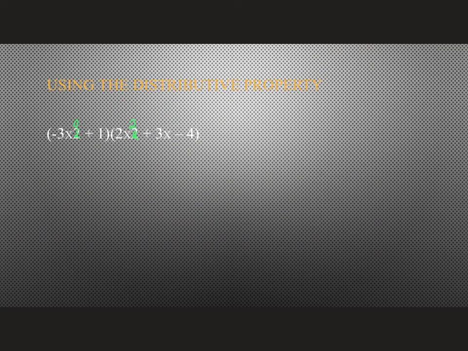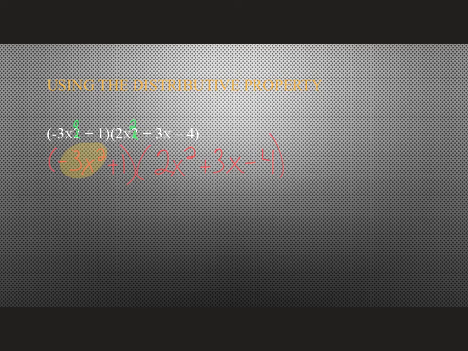Let's try another example. Once again, my formatting's messed up, so this should be negative 3x squared plus 1, times 2x squared plus 3x minus 4. So once again, I'm going to do my first term first, and I'll do that all in yellow so you guys can see very clearly what I'm doing.